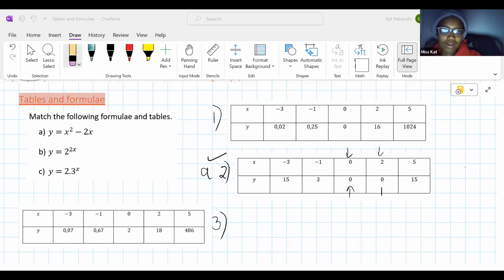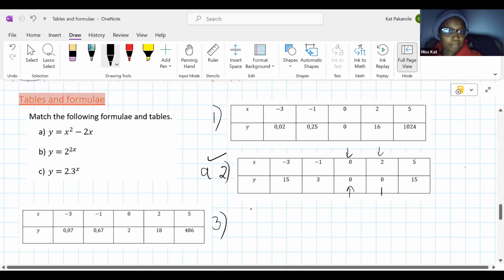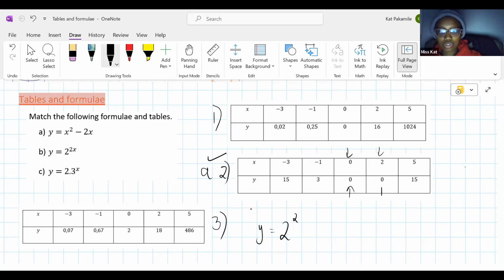B is 1. Let's check. Someone said B is 1 in the chat. Okay, B says y is equal to 2 to the power of 2 times 0, which would be 2 to the power of 0, which is 1.